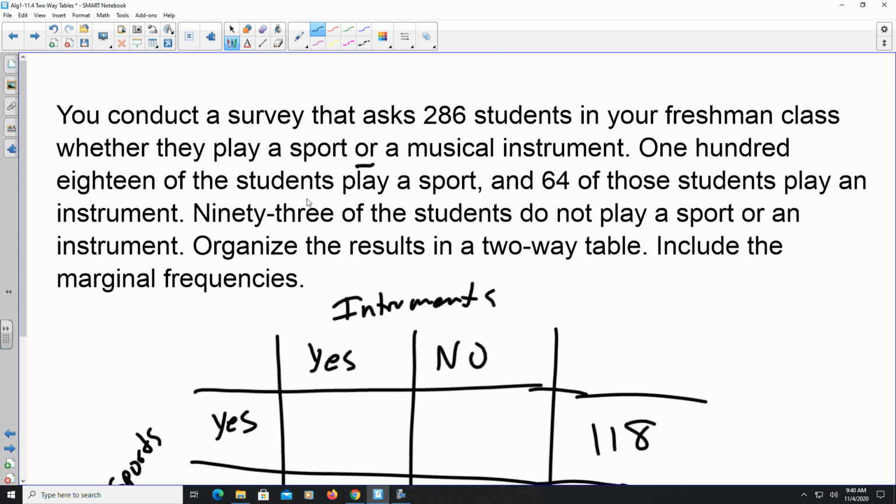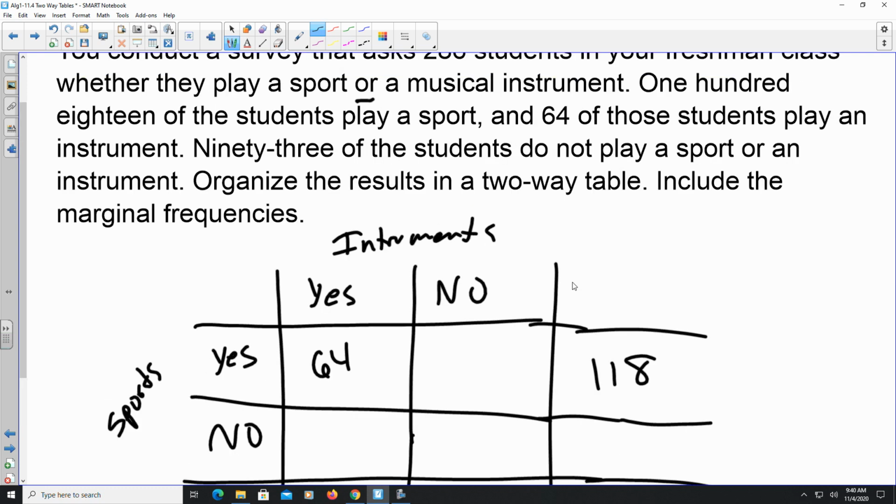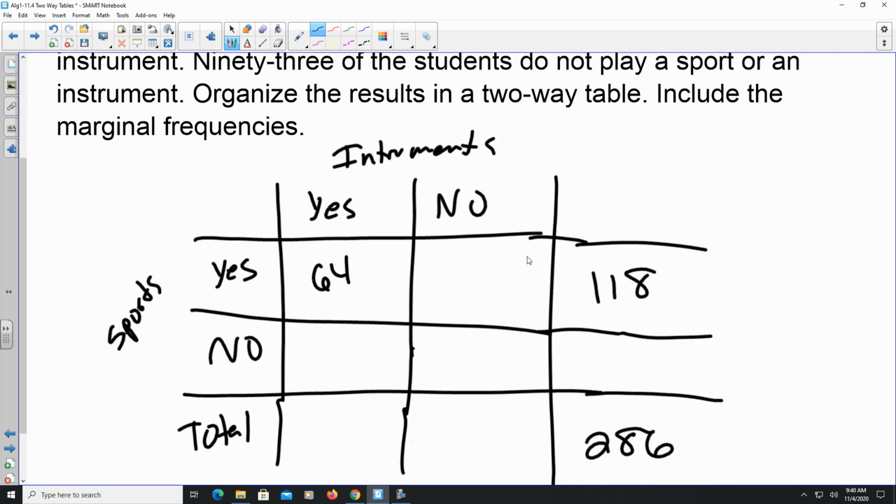And 64 of those students play an instrument, so this would go under yes under instrument. Let's see if there's anything else we have here. 93 of the students do not play a sport or an instrument. So 93 would be both no and no here.